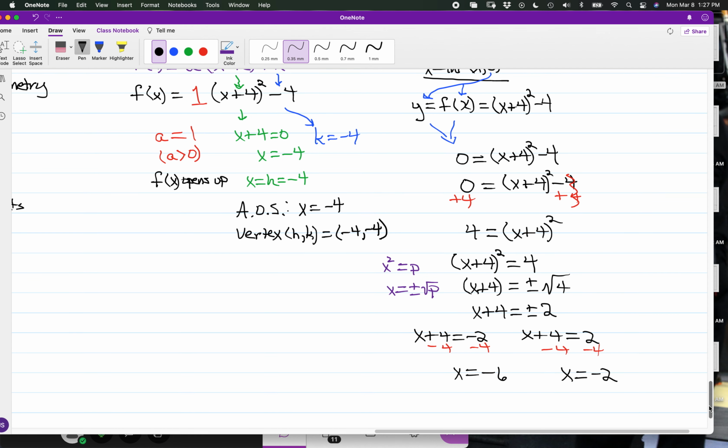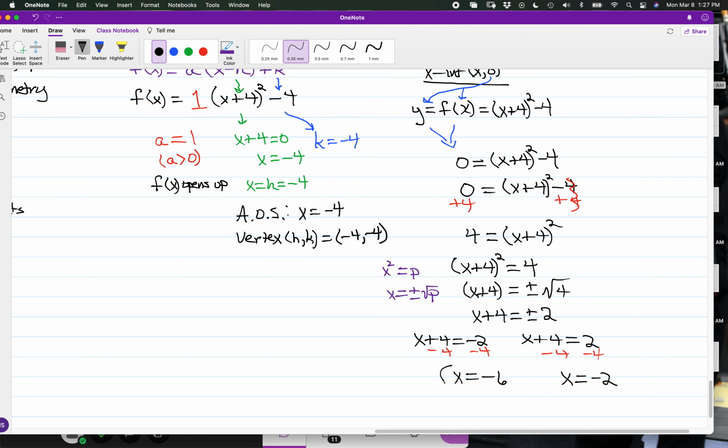And just for the x-intercepts, I have 2 of these. Now, without the coordinate display, I have x equal to negative 6 and x equal to negative 2, but displaying as coordinates, again, we have negative 6, 0, as well as negative 2, 0. So I have 2 x-intercepts here.